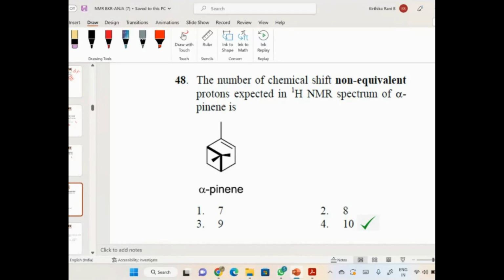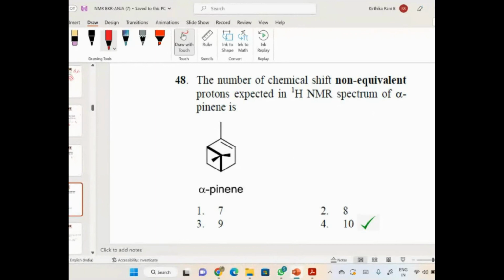If 10 is the answer, could you tell me how? How am I getting 10 as the answer?